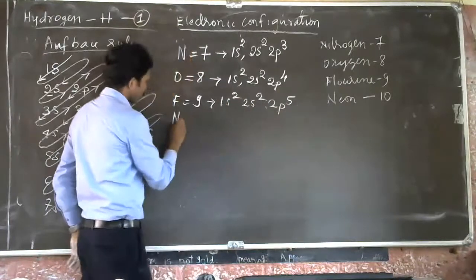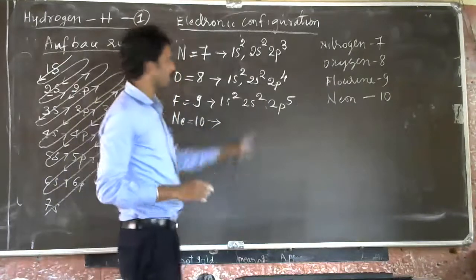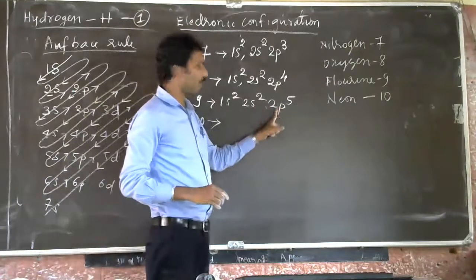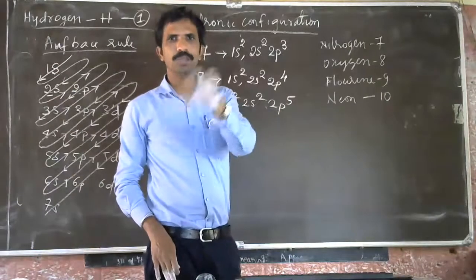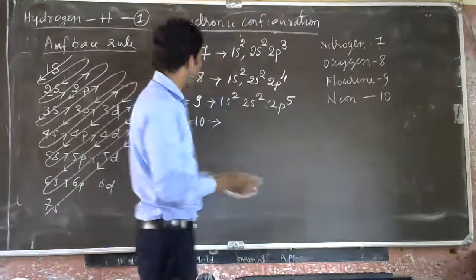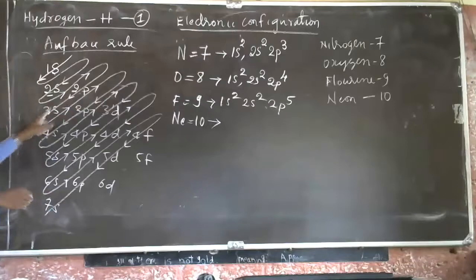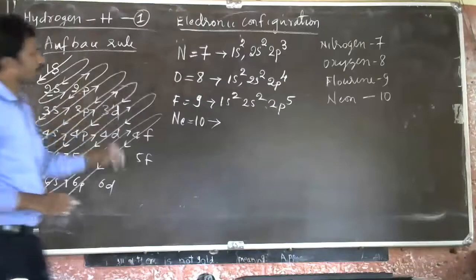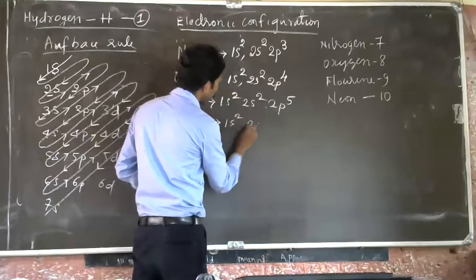So neon is 10. See, some of you are making this mistake. The p capacity is 6, so all 6 electrons should be occupied. Then we have to move from p to d. See 2p, then 3s, then 3p, then d comes after that. So 1s2, 2s2.